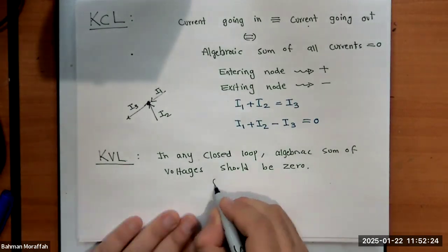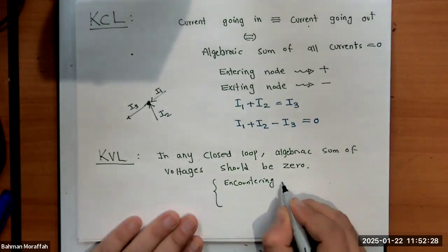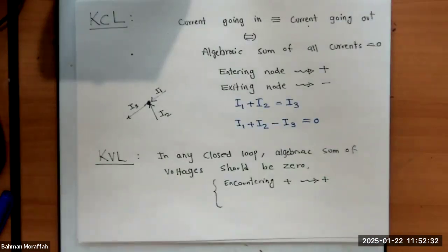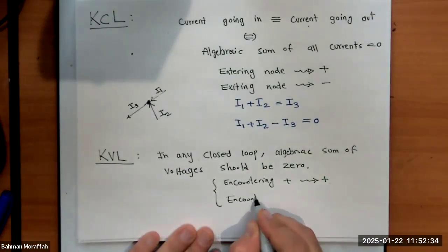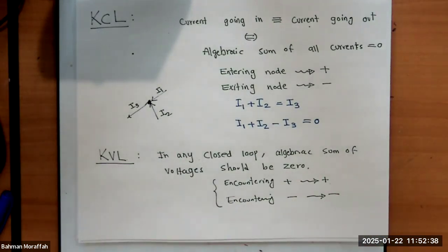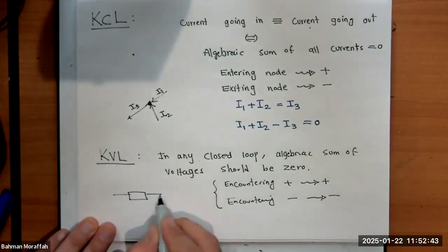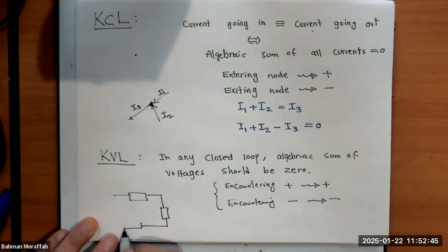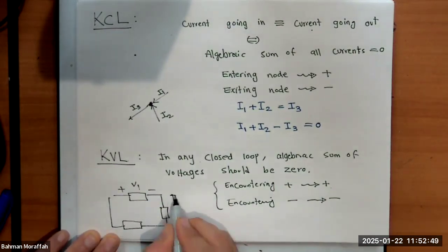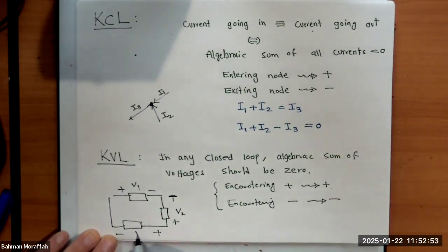So encountering positive, it means it's a positive voltage. Encountering negative, it means it's a negative voltage. Let me just give you a quick picture. Let's just say this is V1. Let's just say this is negative, this is positive, this is V2, and this is V3.